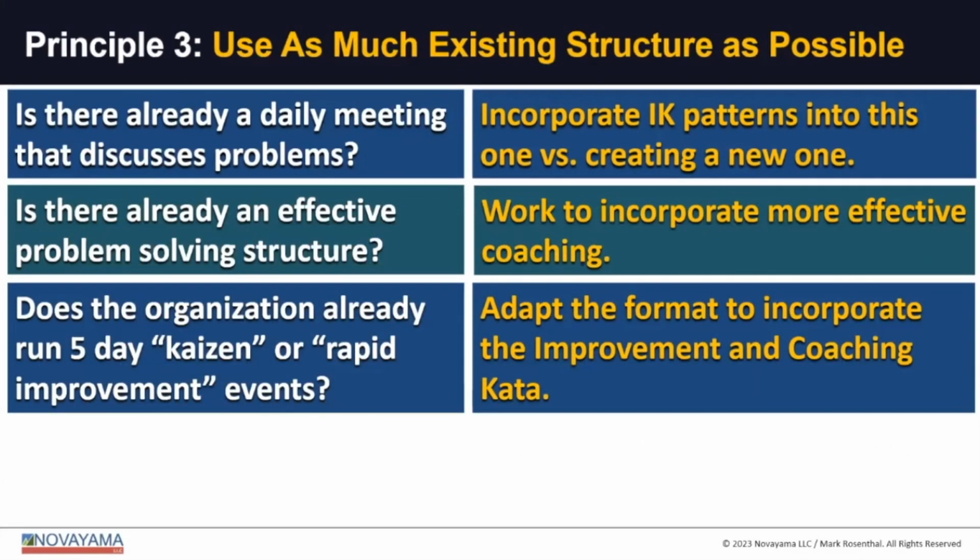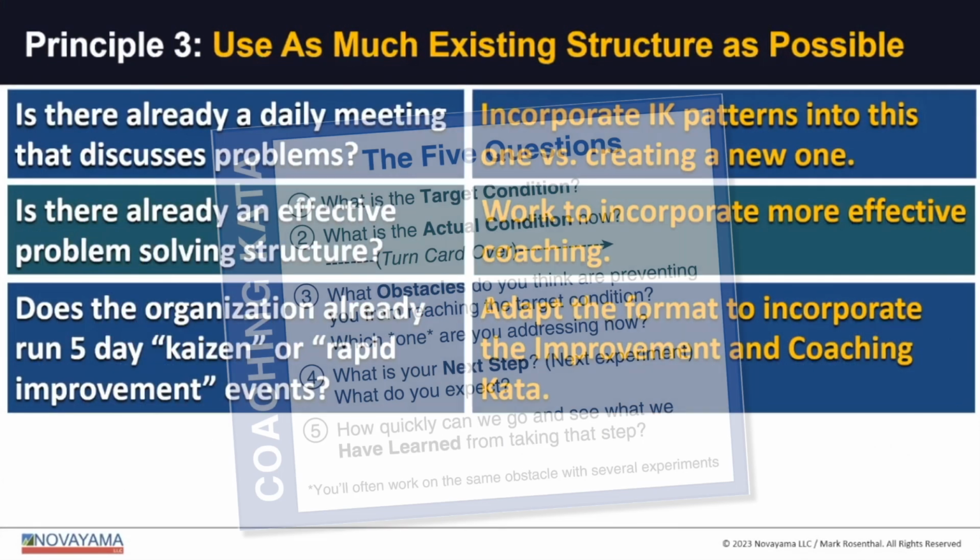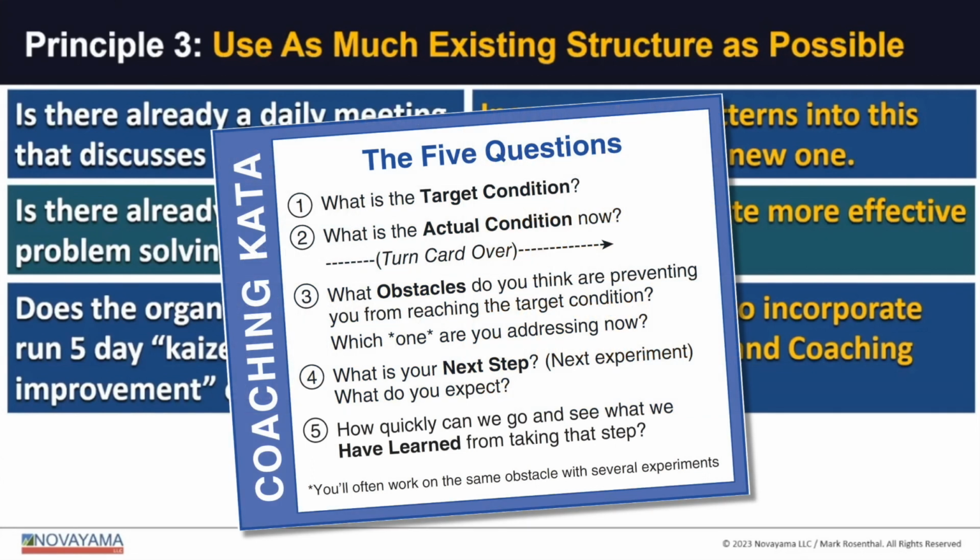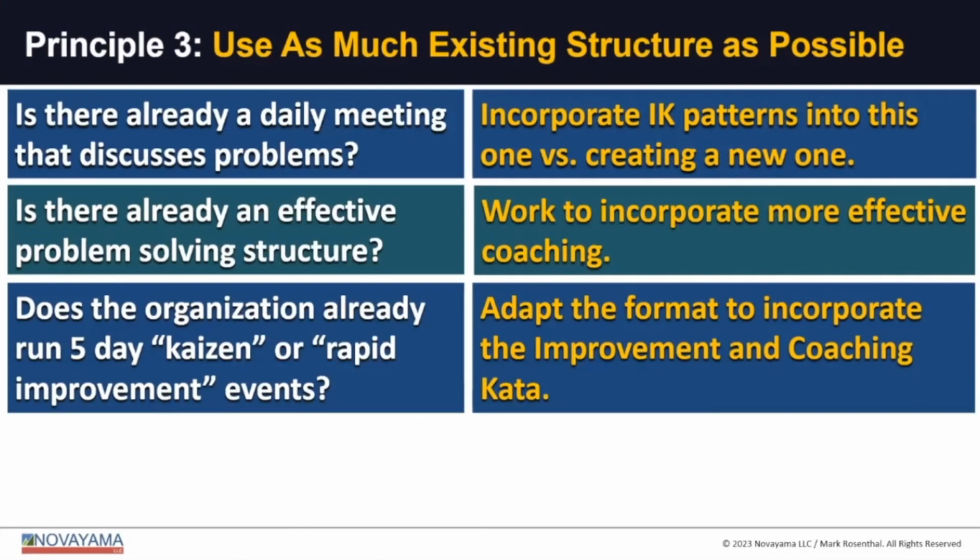And as the change agent or the teacher, every time you engage the team, use the coaching questions, and you are teaching them the improvement kata structure. Then Monday morning, we don't have a long list of stuff to do. We have the next experiment toward the next target condition.